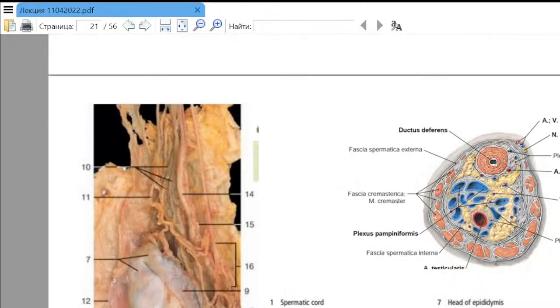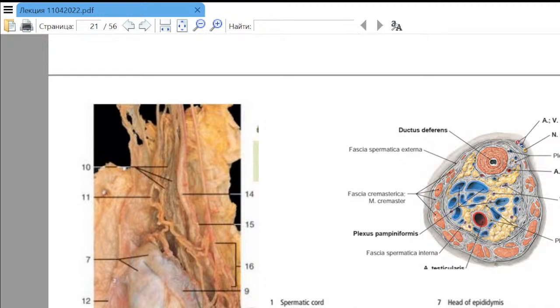You see the ductus deferens, the pampiniform venous plexus, the arteria testicularis, the arteria ductus deferens.